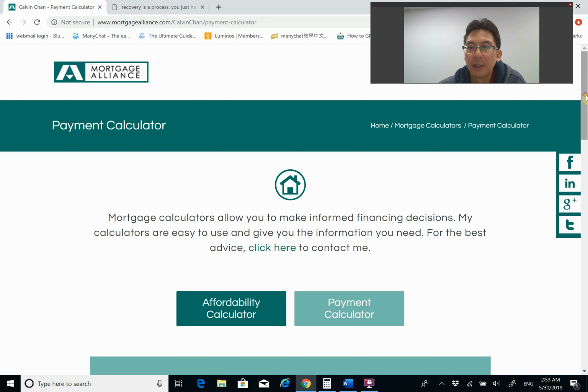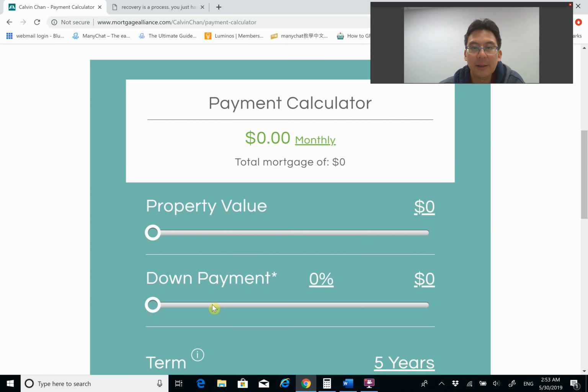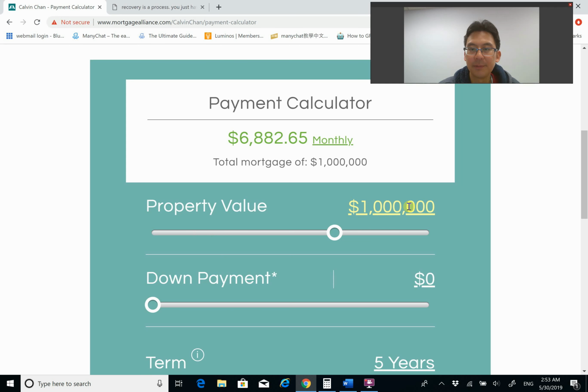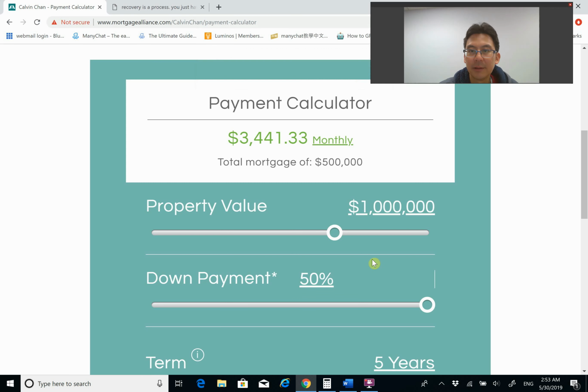Okay, so how you do it is, property value is $1 million. Down payment is $300,000.